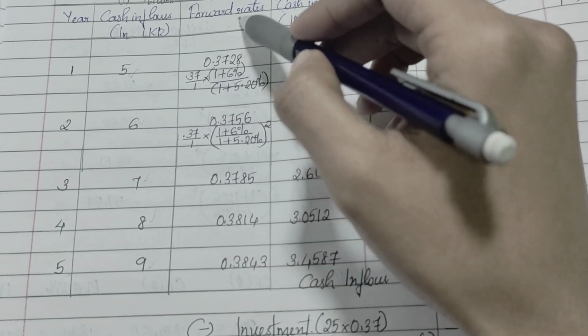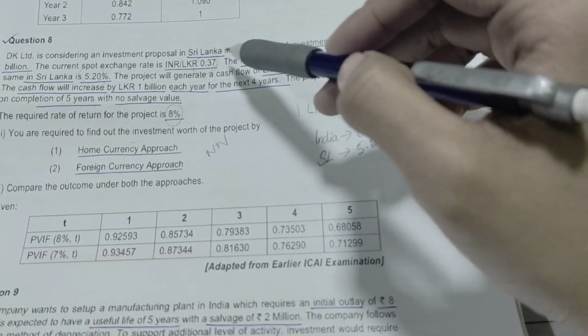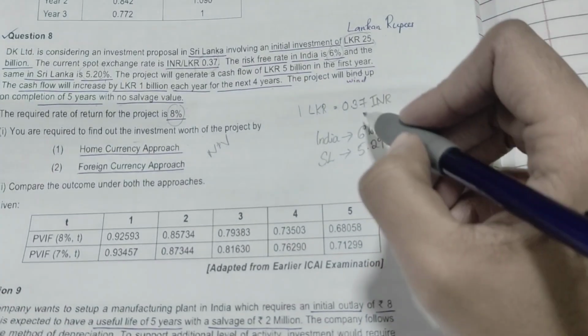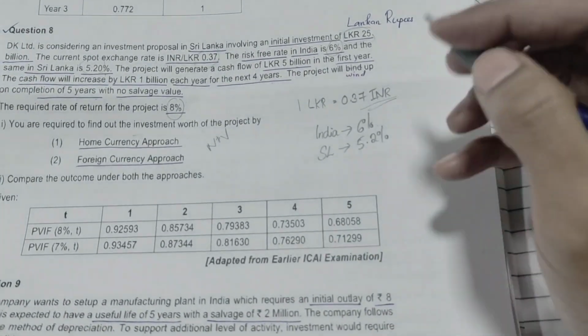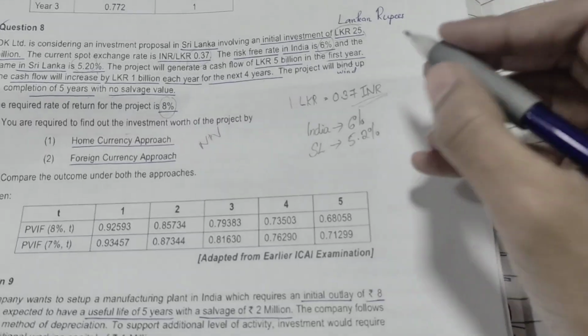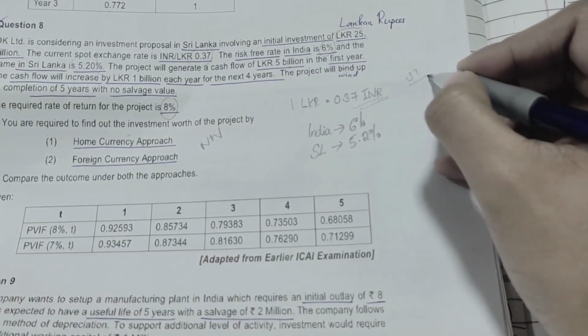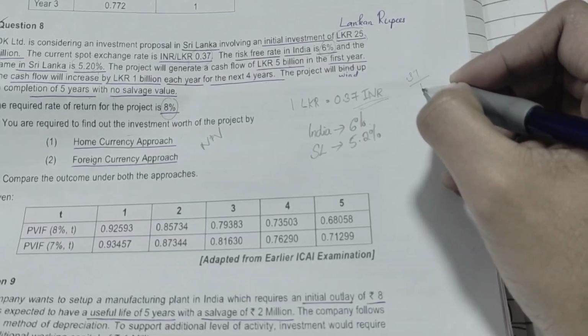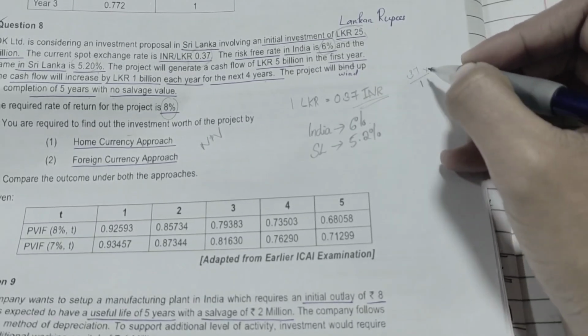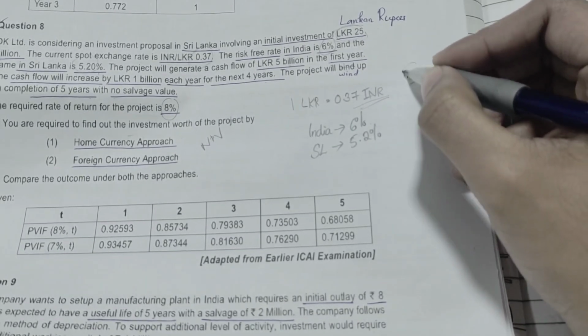Then how do we compute the forward rate? So ഇവിടെ 1 Lankan rupee is equal to 0.37 INR തന്നിട്ടുണ്ട്. So in order to compute the forward rate for first year, it is 0.37 for 1 Lankan rupee multiplied by this rate is for India.